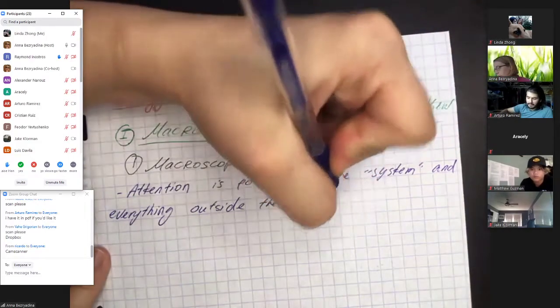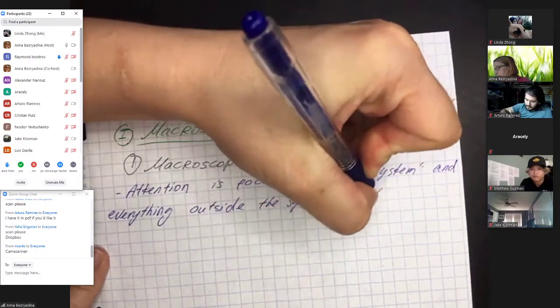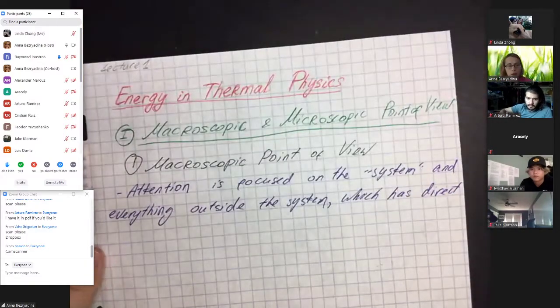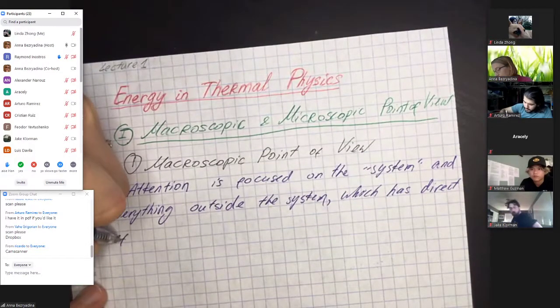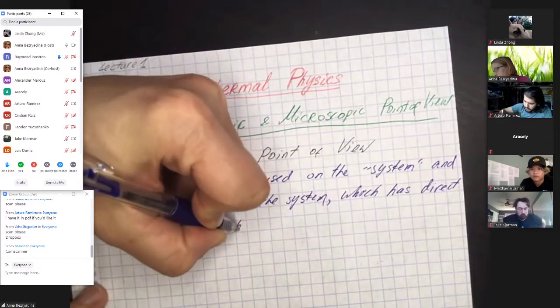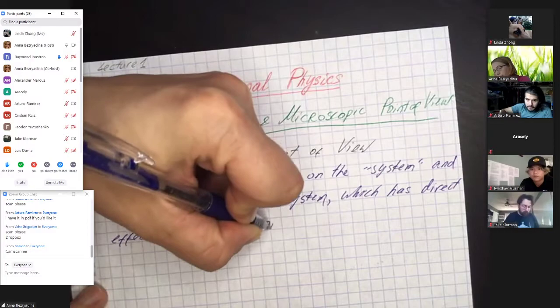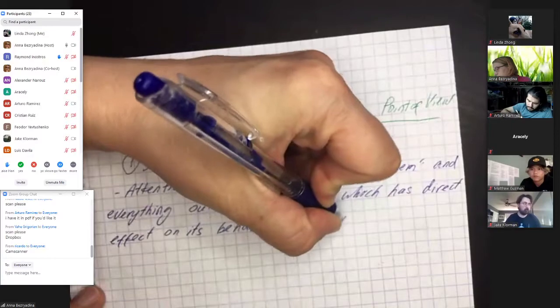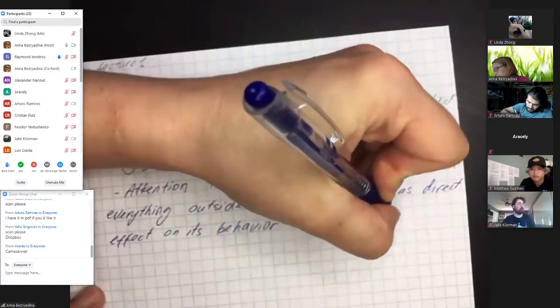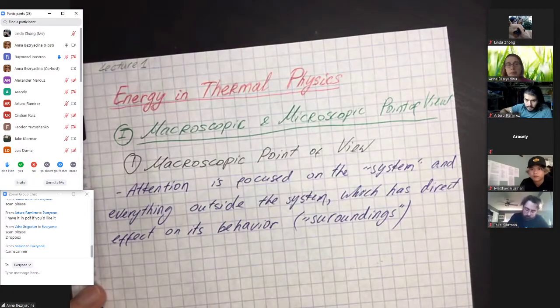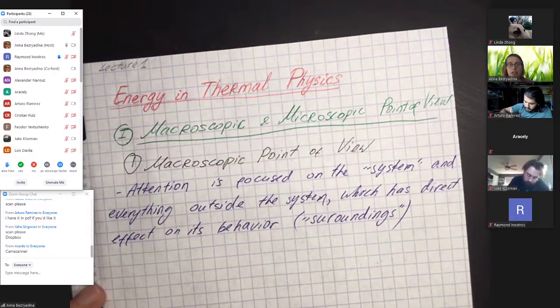Okay. We call it surroundings. So attention is focused on the system and everything outside the system, which has a direct effect on its behavior: surroundings.